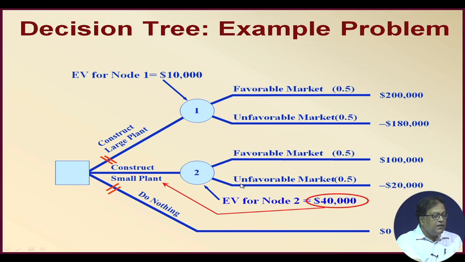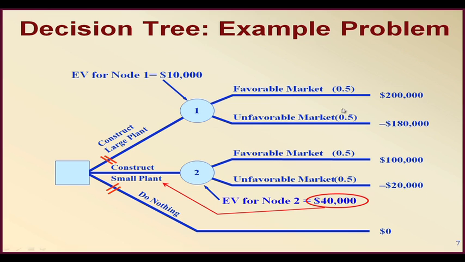Now, at the last stage, you see these two are not there, right. So, finally, here we can write 40,000, and this is going to be our decision. So, this is how our decision tree problems are handled, particularly in the simple case.